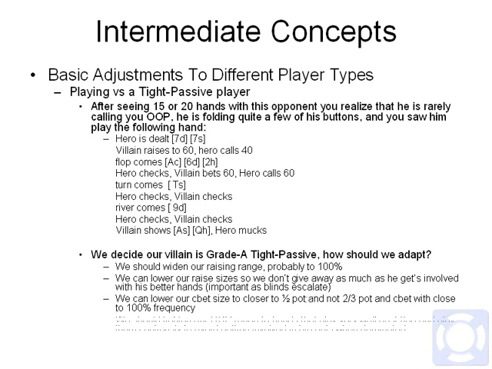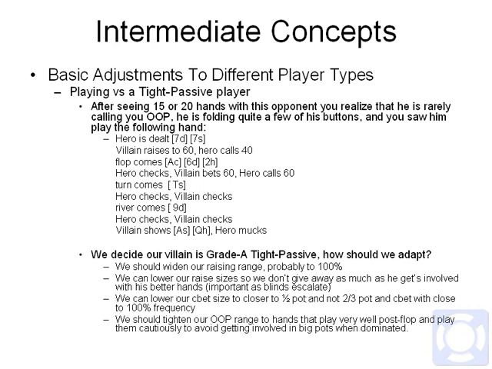And lastly, we should tighten up our range out of position to hands that play very well post-flop, and also play them cautiously to avoid getting involved in big pots when dominated. Against a tight opponent, it's not such a big deal, because if he's tight passive, he's not going to extract a lot even when you do get involved with a dominated hand.